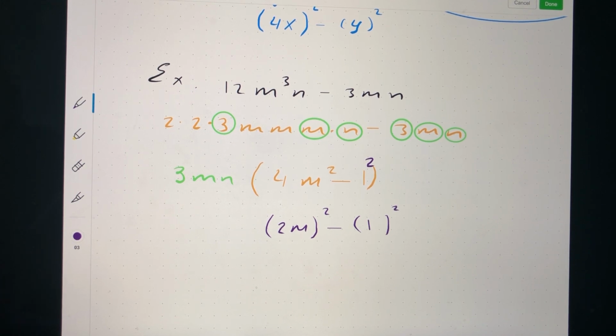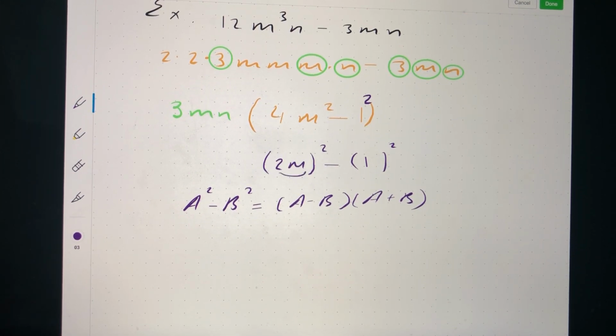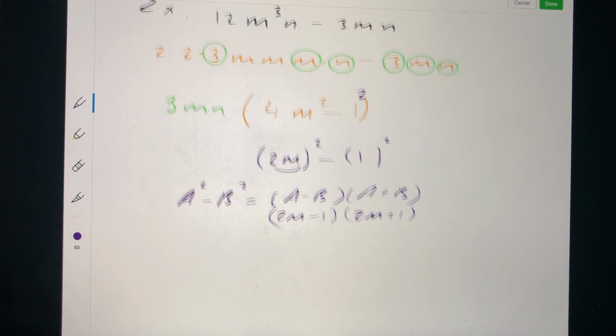So in our template, a squared minus b squared, which is a minus b times a plus b, the a is 2m. So each time we see a, we put 2m. And each time we see b, we put 1. And that's how the inside of the parentheses factors.